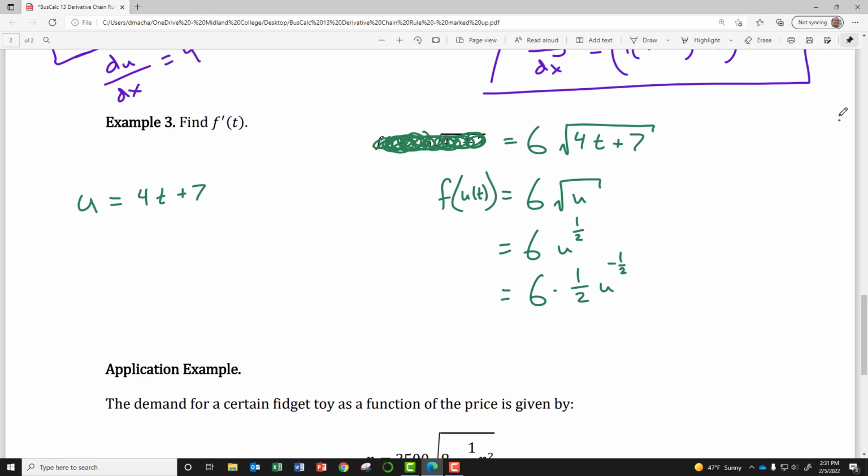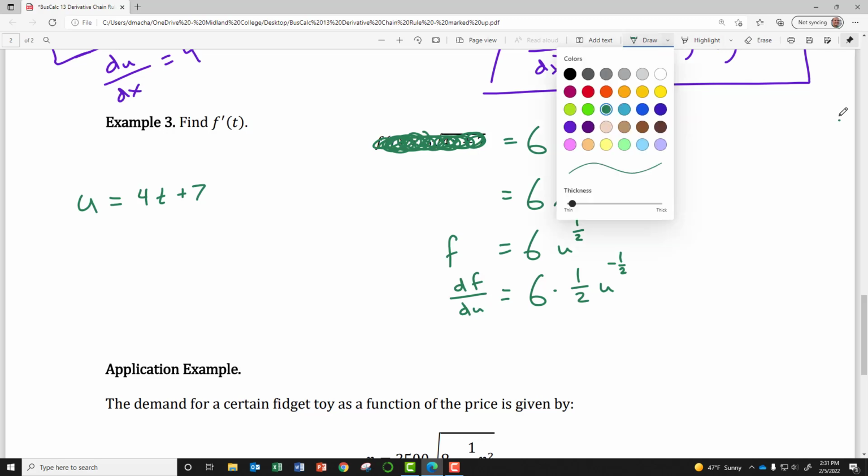Oops, that's not right. Sorry. Ignore that. I have to erase it. That was bad. What I've done right now, going from here to here, is instead of writing my f function, now I've taken the derivative of f with respect to u.